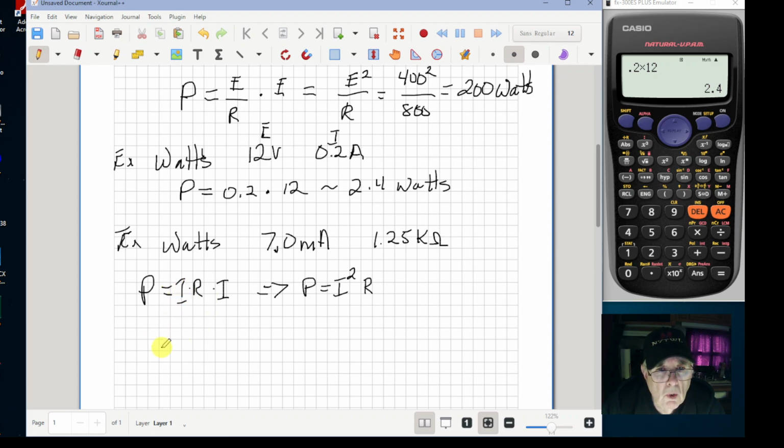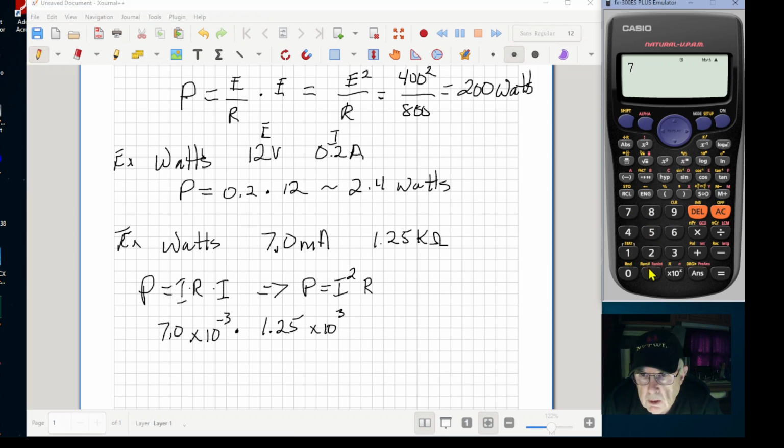It's just a straight multiplication problem. We have 7.0 times 10 to the minus 3 power, that's milliamps, multiplied by our resistor of 1.25 times 10, and since this is kilo, that's to the positive 3. We can do that right on our calculator. Let's do 7.0, don't really need the 0, but we'll do it for form, times 10 to the negative 3.